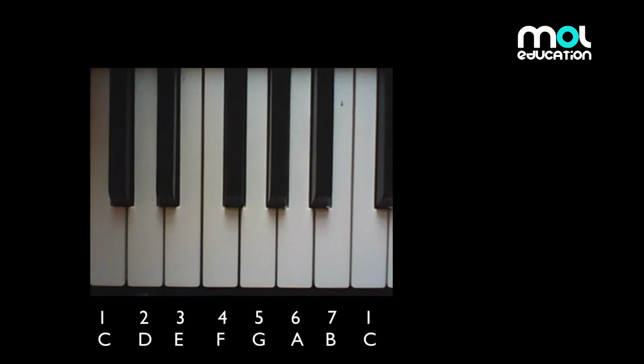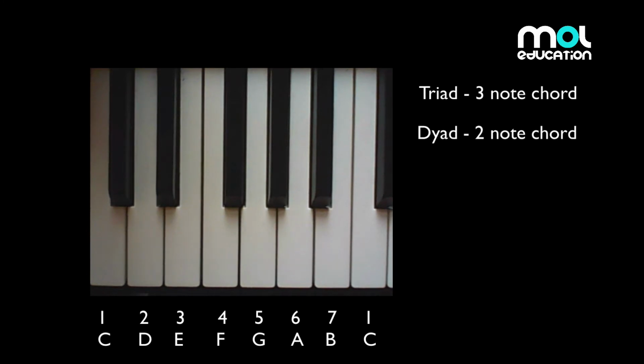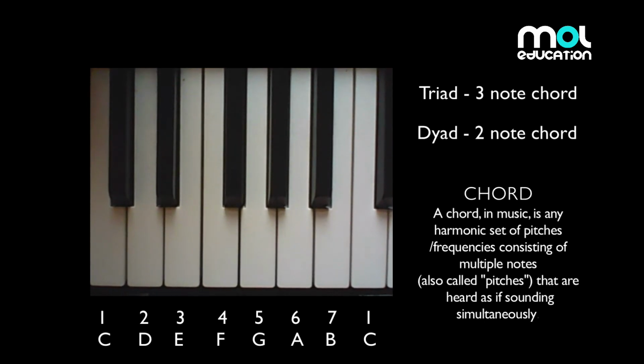We'll go 1 through 7. The first chord we are going to look at is the triad. It's called a triad because it contains 3 notes. You also have a dyad, which can be considered a chord too. The definition of a chord is just more than one note working together to form one sound.